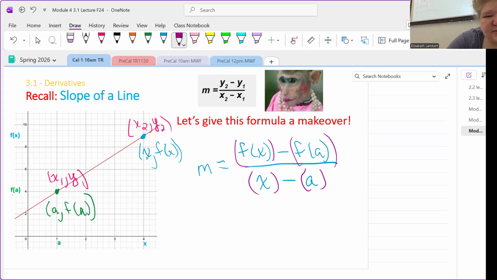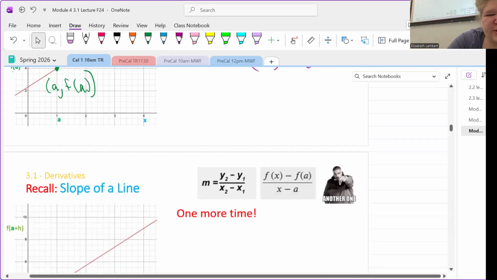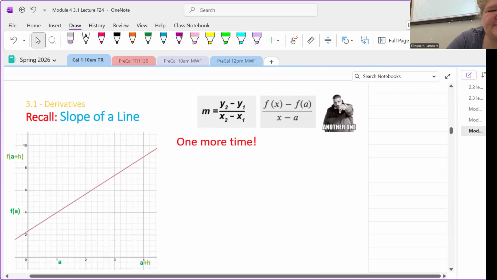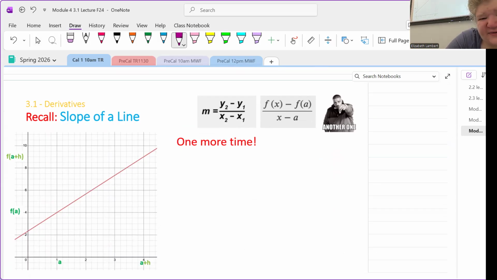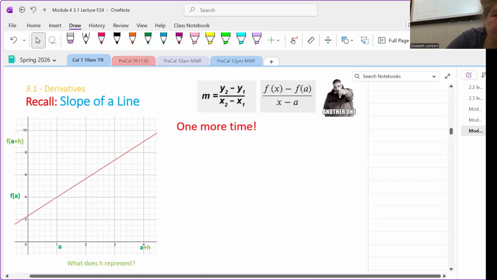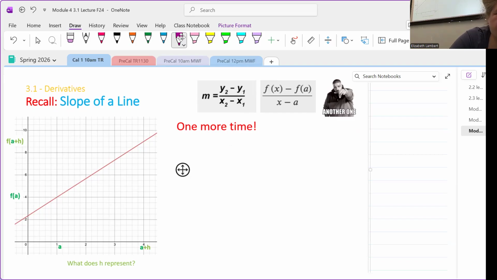All right, now, why do one makeover when you can do two for twice the price? So we have our original slope formula. We've got this f of x minus f of a over x minus a formula. Now, if I look over here, in place of the x, it's been traded out for a plus h.